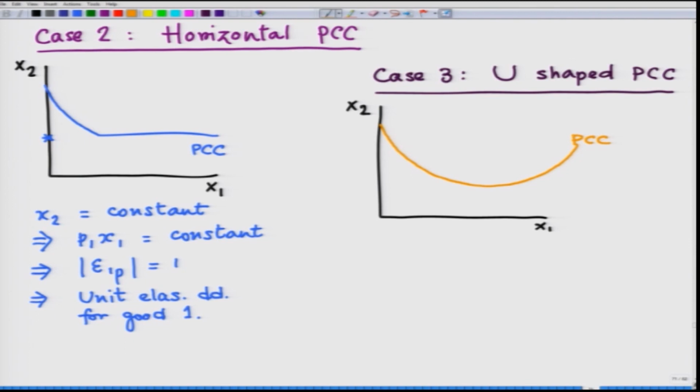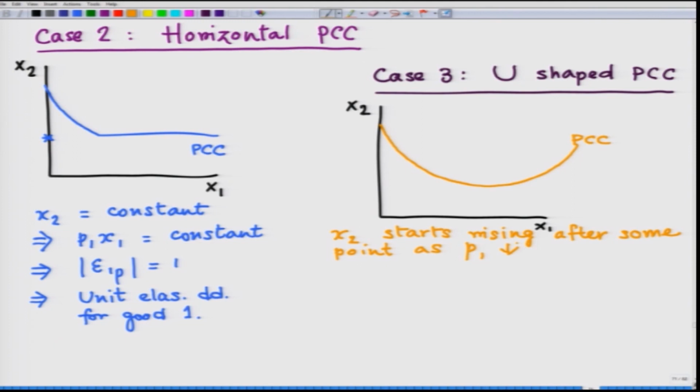That means if we see this kind of shape, that means that x2 starts rising after some point as P1 falls.